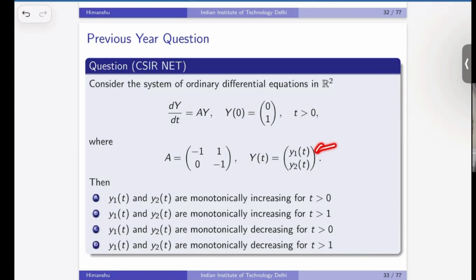If these are the solutions, then what can we say about them? Are they monotonically increasing or monotonically decreasing? If yes, then in which domain? I wanted you to try it. So try this question and tell me the answer.